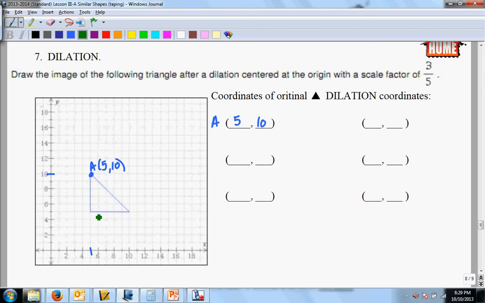B is over 5 and up 5, so B is 5 and 5. And C is at 10 and 5.